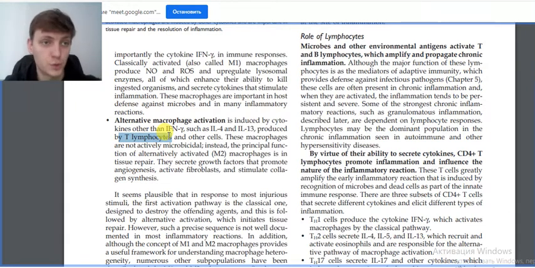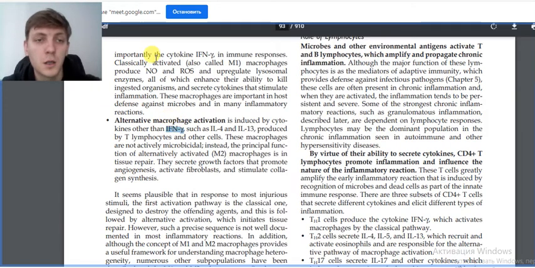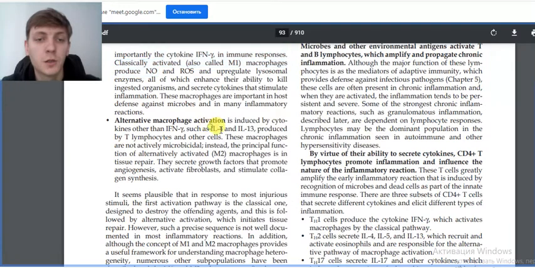It is the normal appearance of macrophages. Their activation goes not by interferon gamma, like in the classical pathway, but by interleukin 4 and interleukin 13, and their activity goes by activation of fibroblasts and stimulation of collagen synthesis. That's what I told you before.